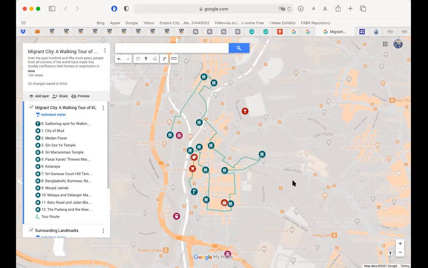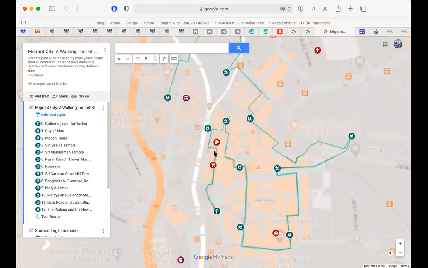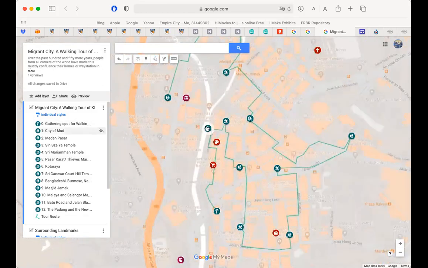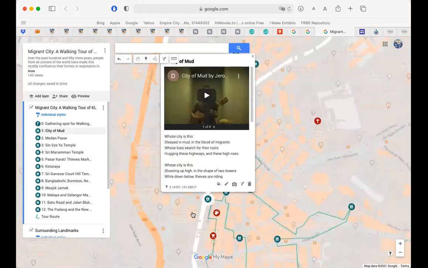So I did my iconic Migrant City walking tour, looking at the history of migration, starting from, I think, the hotel all the way to the Masjid Jamek, the confluence between the Klang and Gombak River.